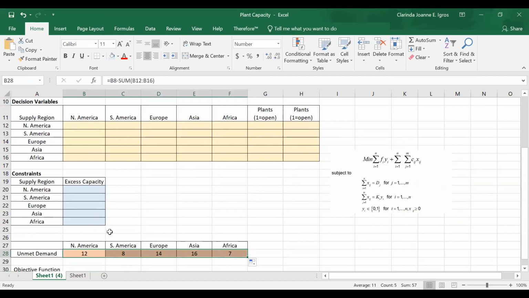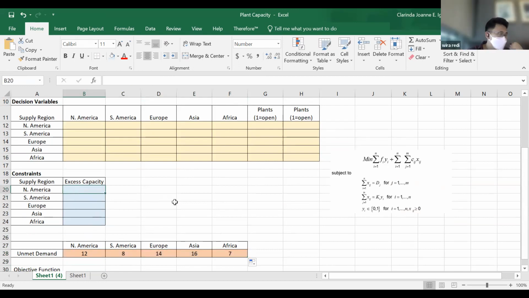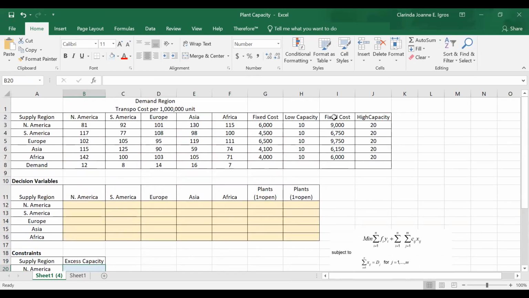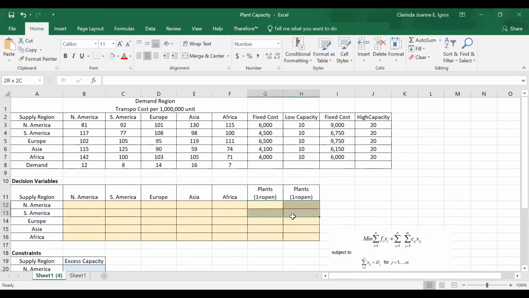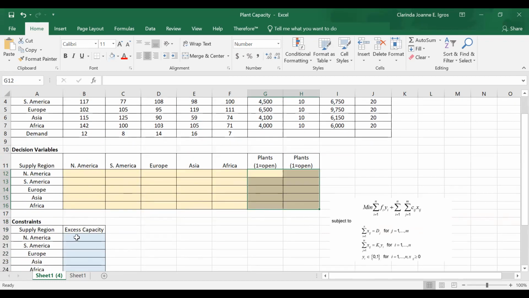Next is the excess capacity constraint. To compute for this one, we'll be considering two costs, for the low capacity and the high capacity. As mentioned before, this constraint should involve this variable, since it will only have cost if this value is 1, if it is operational.